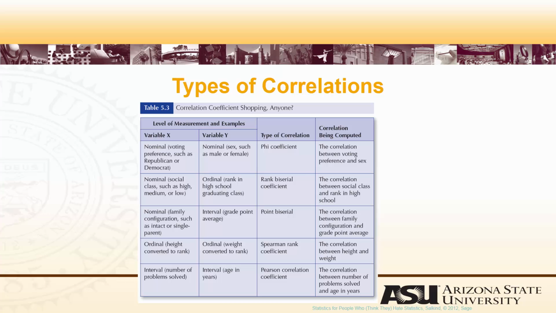With two things that are nominal, we can calculate the correlation between, say, voting preference and gender. We can also calculate the correlation between things here at the bottom, so number of problems solved and age. Depending on which type of data we're using, we're going to have different types of correlations. We are going to be spending most of our time talking about the Pearson correlation coefficient.